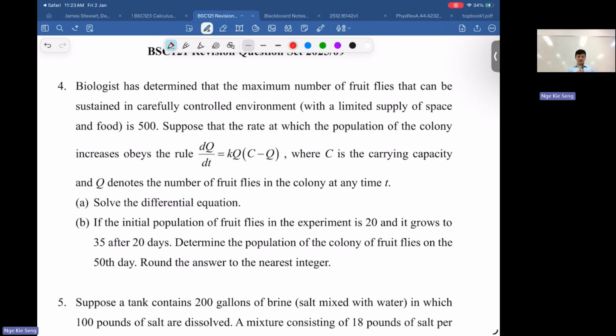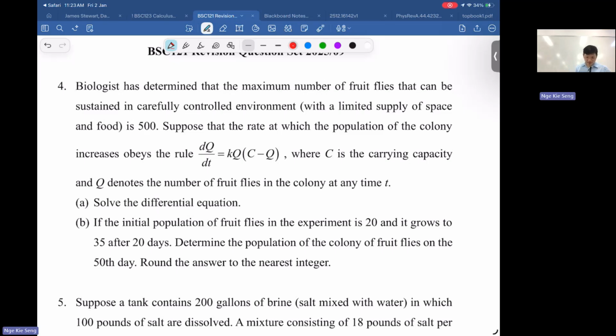Suppose that the rate at which the population of the colony increases obeys this logistic equation, where C is the carrying capacity and Q denotes the number of fruit flies in the colony at any time t. Then solve the differential equation.